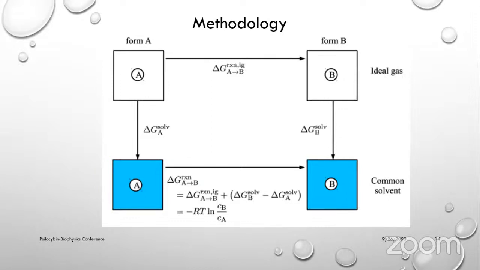As we have the ideal gas of the two forms A and B, we have to see the conversion of psilocybin from A to B, or B to A, in the ideal gas, but also the transfer or interaction of A in the solvent, and the conversion from A to B in the solvent.